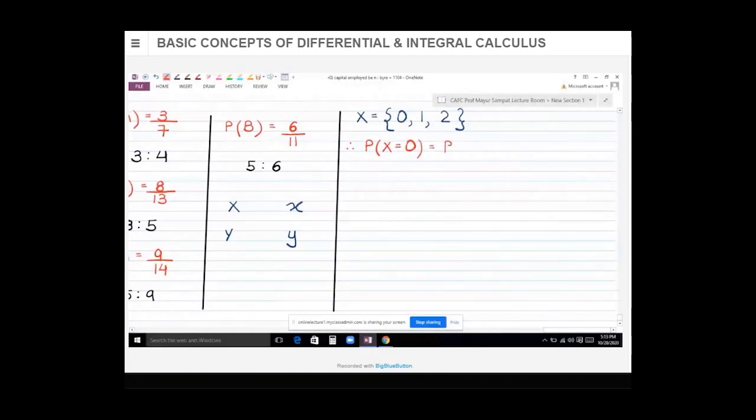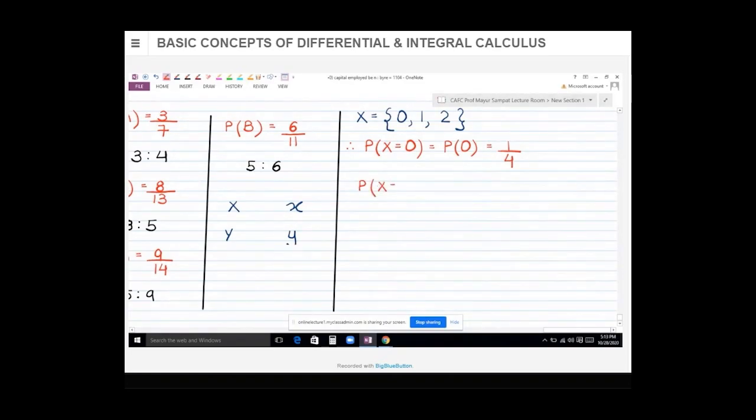Answer will be better 1 by 4. Probability of x is equal to 1, which is equal to p of 1, which is equal to 2 by 4.